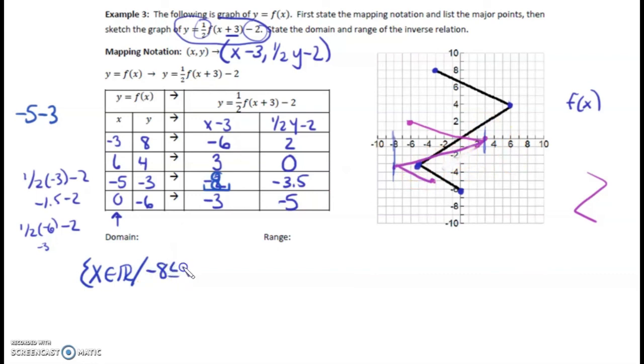So x is going to be between -8 and 3. And the range is going to be between the bottommost number, which is -5, and the topmost number, which is 2. Okay, so y is going to be between the smaller number -5 and 2.